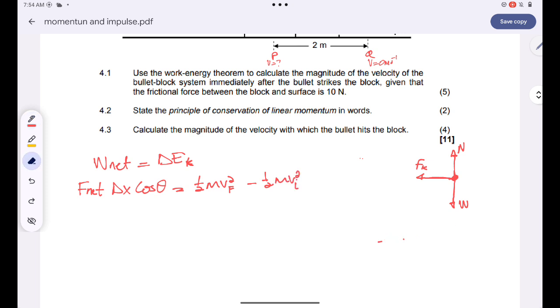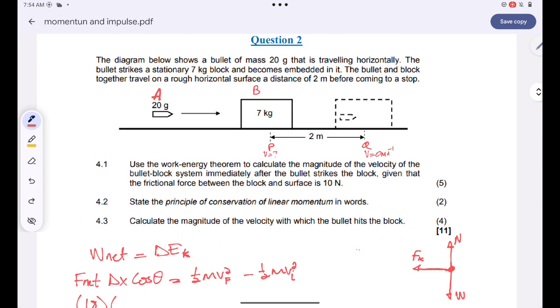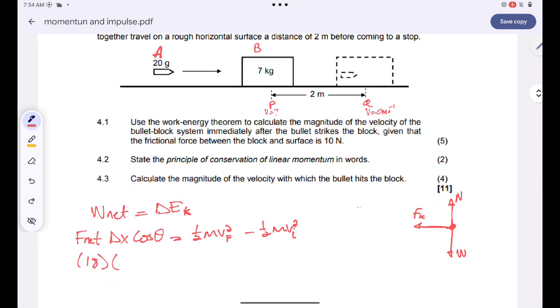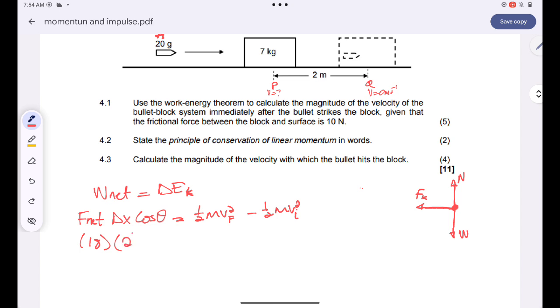There's only one force acting here, which is just the frictional force. I'm going to write the magnitude of it. The distance that it traveled is 2 meters.